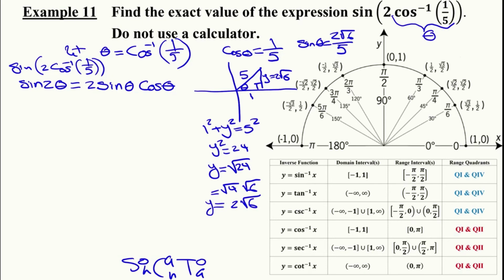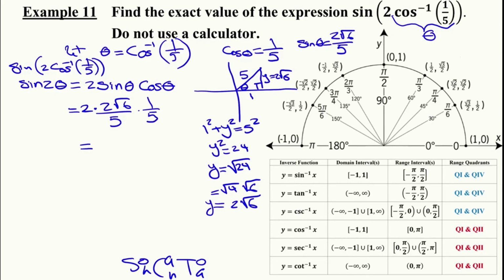So basically it's going to be 2, we know that the sine of theta now is 2 radical 6 over 5, times the cosine of theta, which of course we know is 1/5.